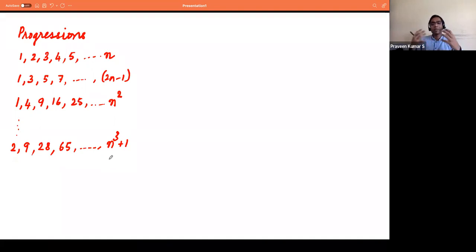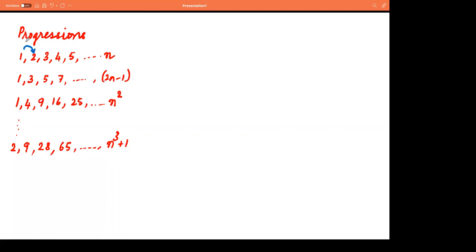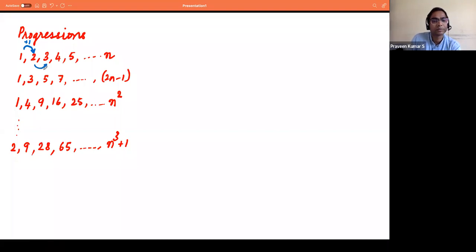And there is a repetitive pattern there. Now, if you observe by how much these numbers are changing, like from here to here, by how much is this number changing? 1. From here to here, 1, again 1, 1 again, and 1 again. So from one number to the other, this number is constantly changing by 1.